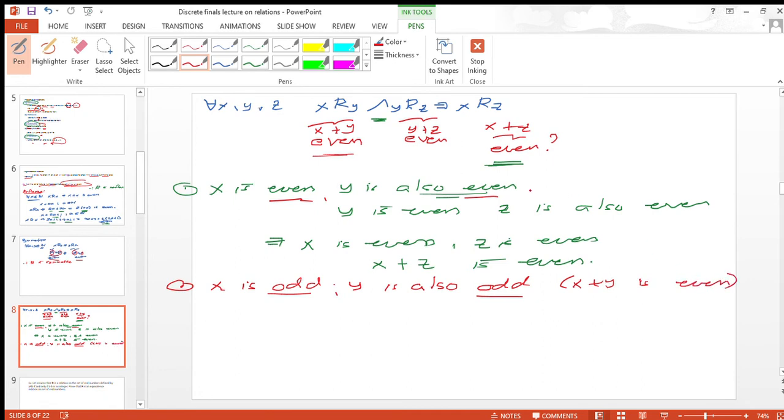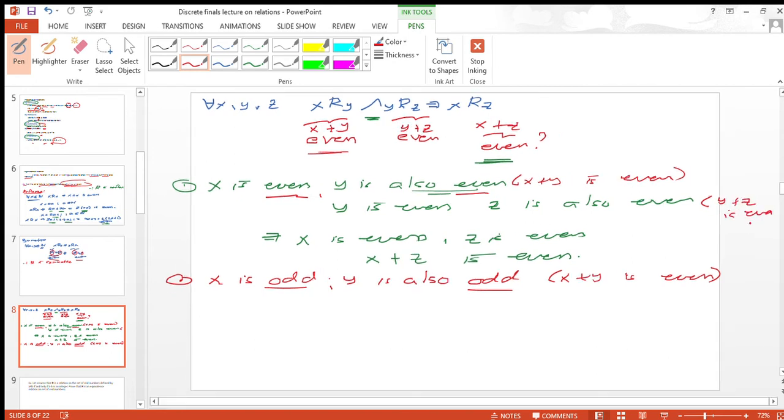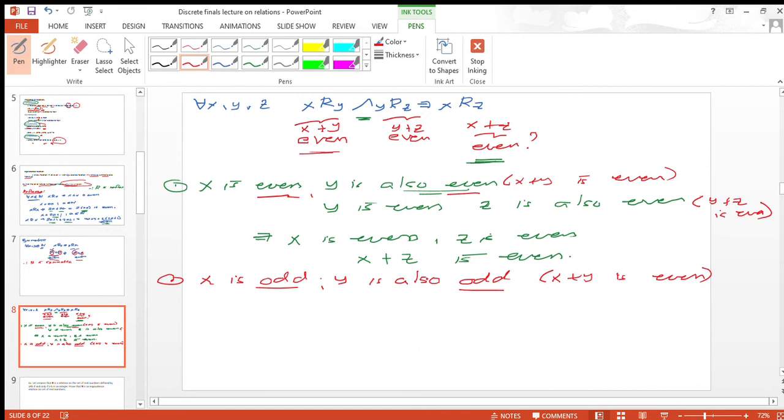So completuhin, we have here x plus y is even. So dito, y plus z is even. Okay? Next. So y is odd. Since y is odd dito, y must also be odd here.